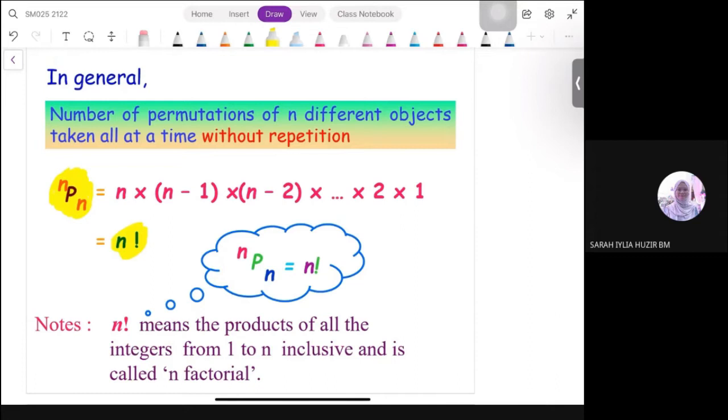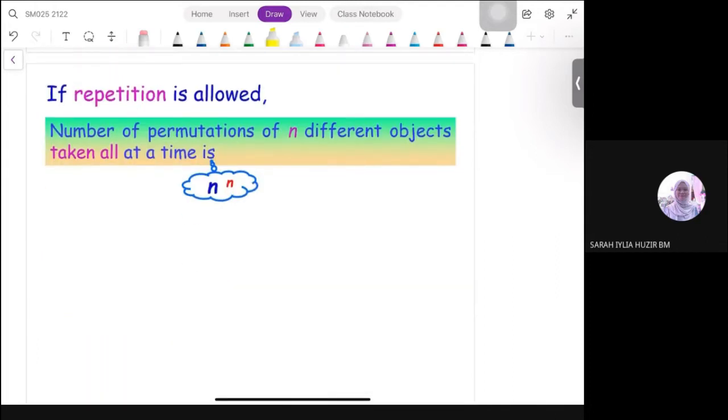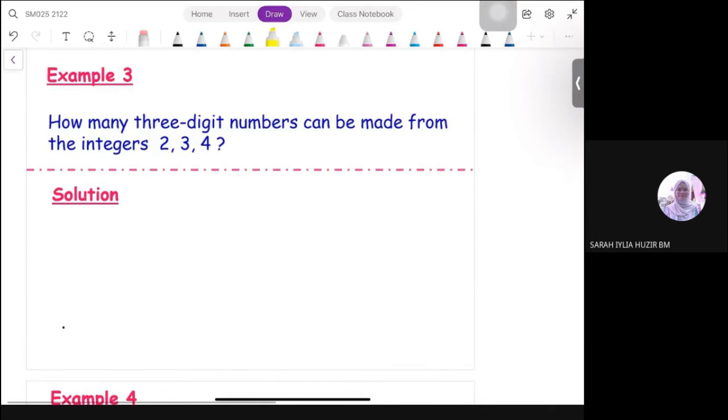So this is for a permutation without repetition case. If it is permutation with repetition, we will use n to the power of n. You don't have to remember this, just understand the situation, then you will know how to solve the problem. So let's get started with the problem.